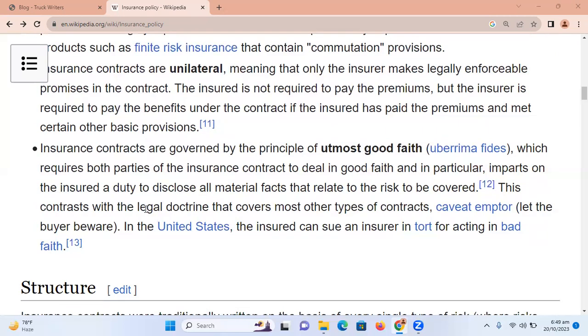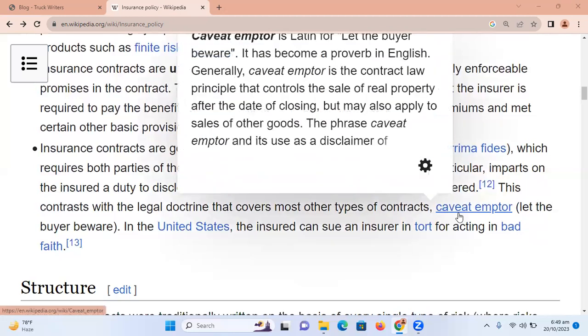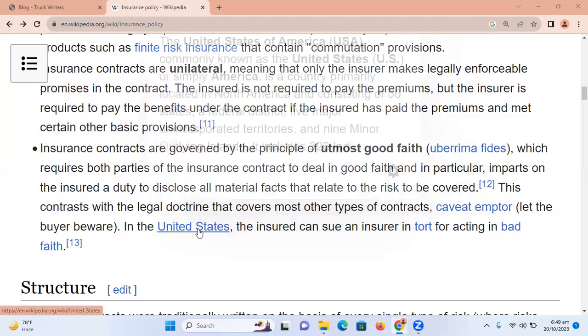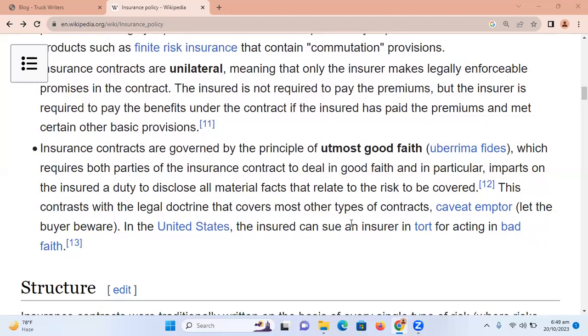This contrasts with the legal doctrine that covers most other types of contract, caveat emptor, let the buyer beware. In the United States, the insured can sue an insurer in tort for acting in bad faith.